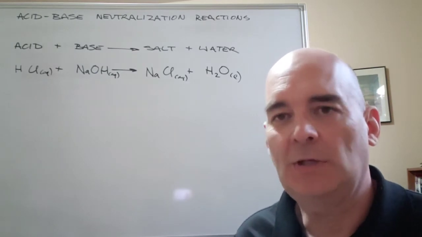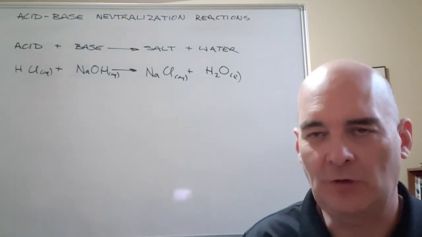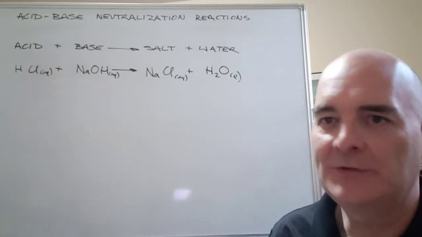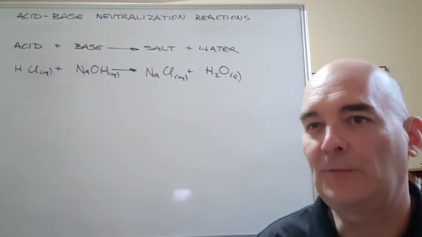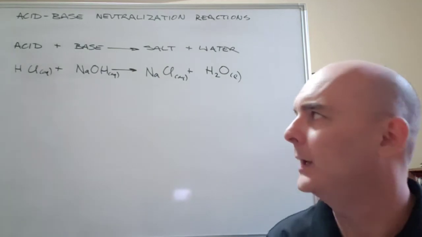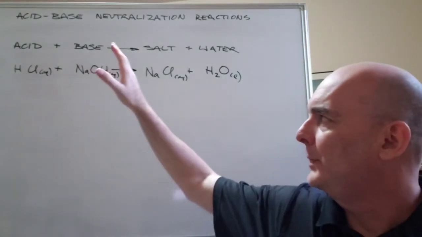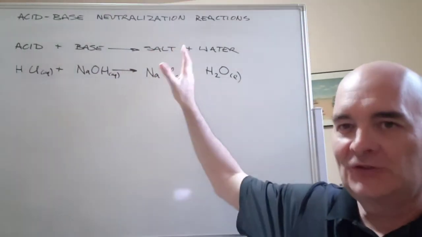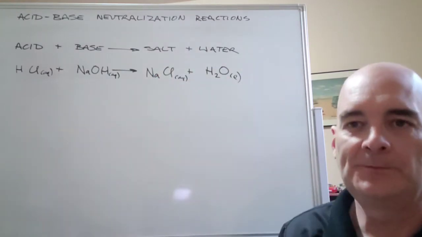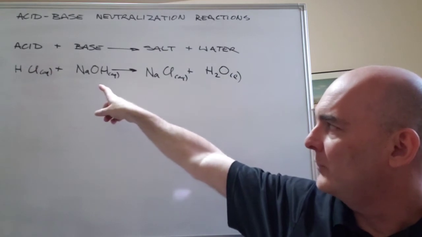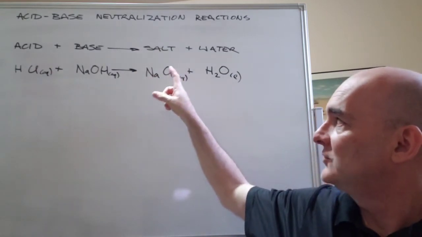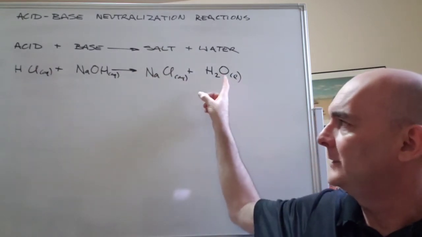Acids and bases undergo reactions called neutralizations, and it turns out that all acid-base neutralization reactions are fundamentally the same thing: an acid plus a base makes a salt plus water. Here I have hydrochloric acid and sodium hydroxide combining to make sodium chloride and water.